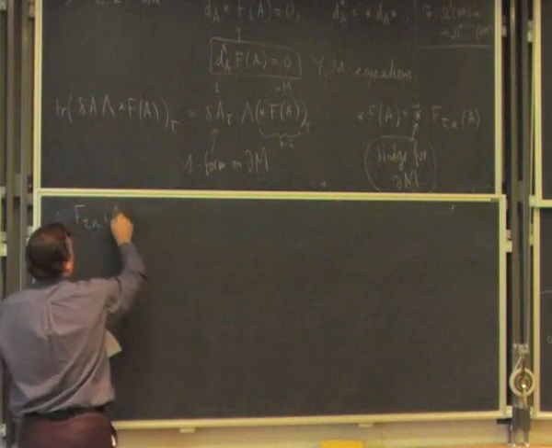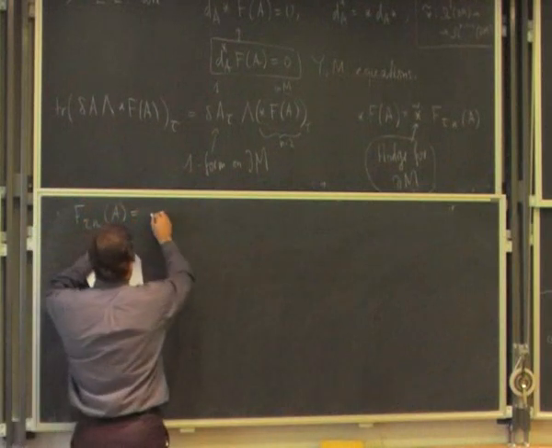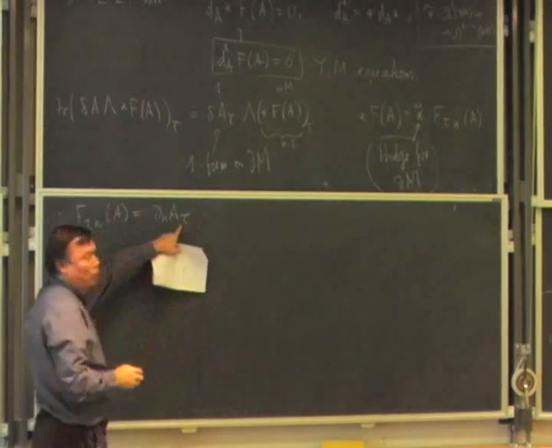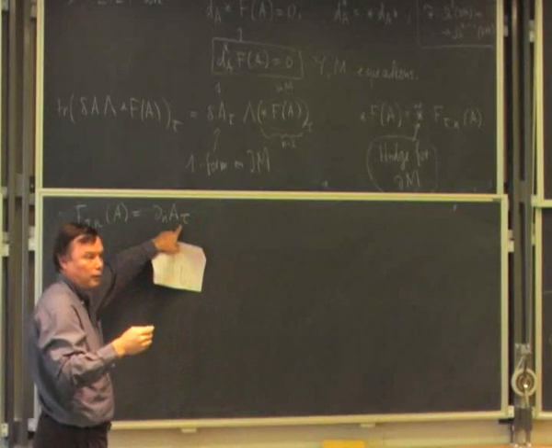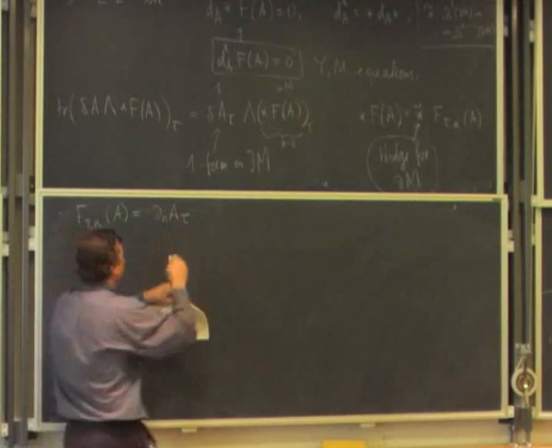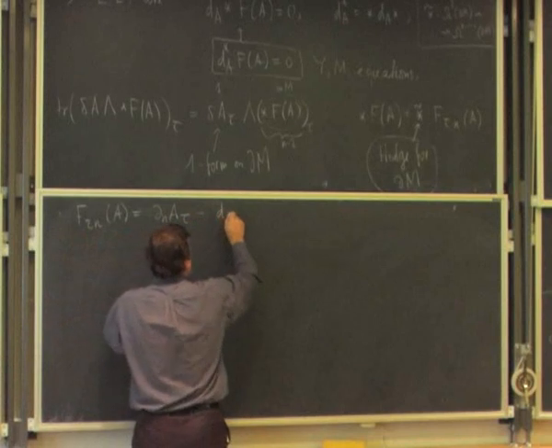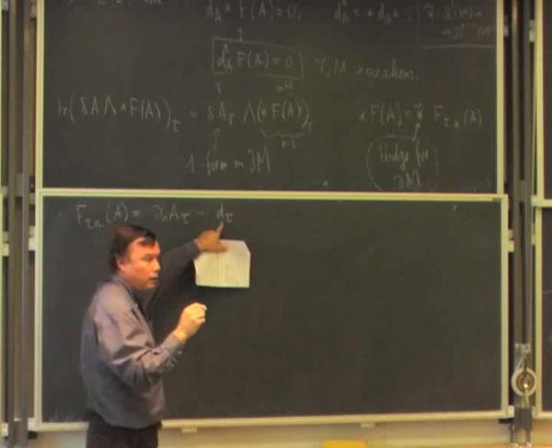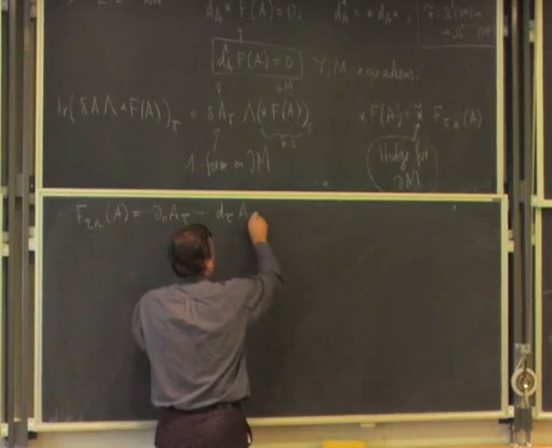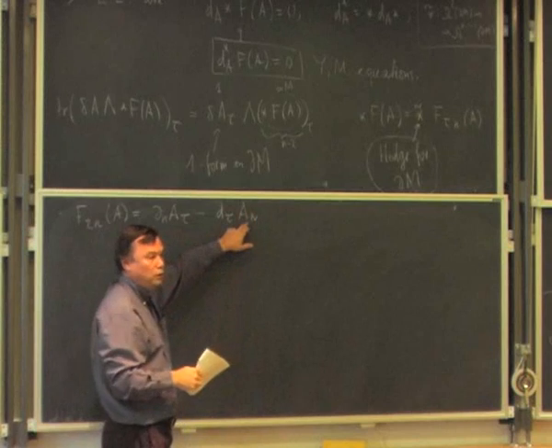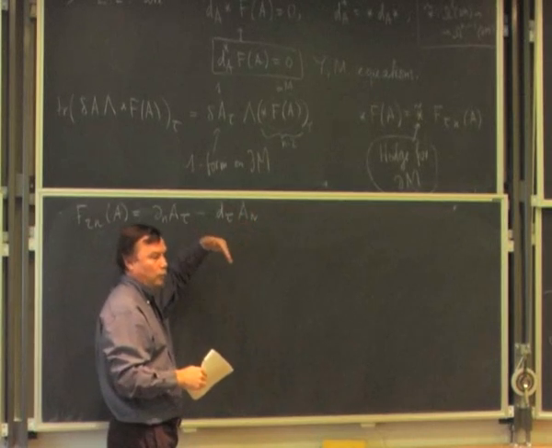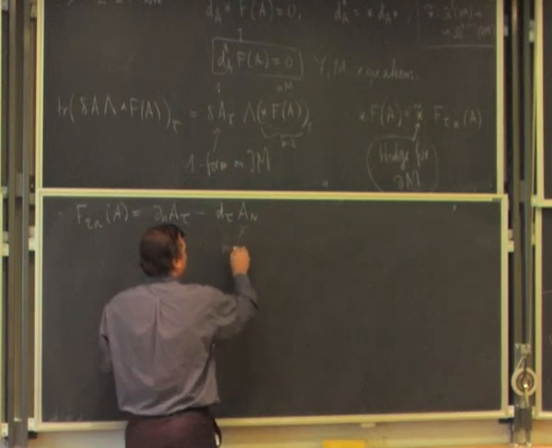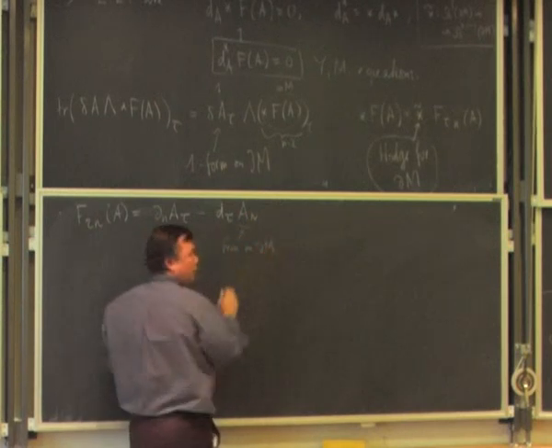It's a one form on the boundary given by the normal derivative of the restriction of A to the boundary of the tangent component of the form, minus the de Rham differential in the tangent directions of the normal component of the connection at the boundary. And this is a function. It's a function on the boundary.